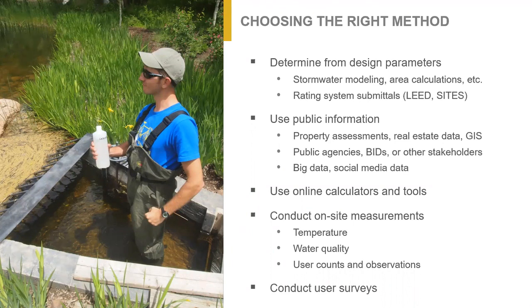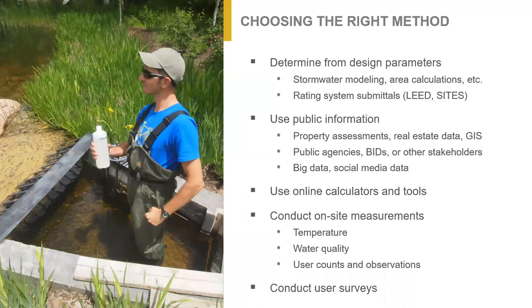Finally, conducting on-site measurements is often the first thing that comes to mind when people think about how they might go about quantifying some of their metrics. But yes, you can do on-site measurements for temperature; go out there with a thermometer. Water quality, grab samples are relatively inexpensive and easy to do without a high level of expertise.